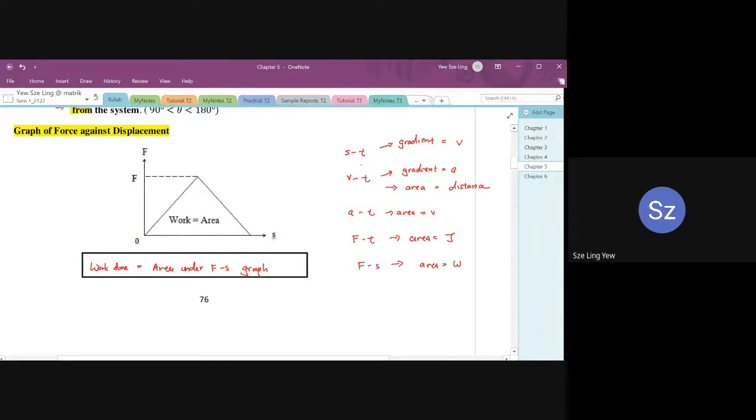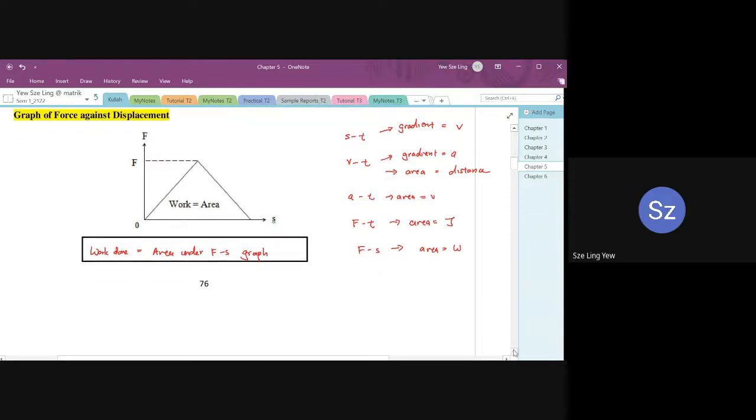Okay, we have 5 different graphs where the gradient and area have different meanings. So make sure you memorize all of them, because in the exam, all these items won't be given. The definitions of the graphs, what can be found from the graphs, all this won't be given in the exam. You yourself have to memorize it.